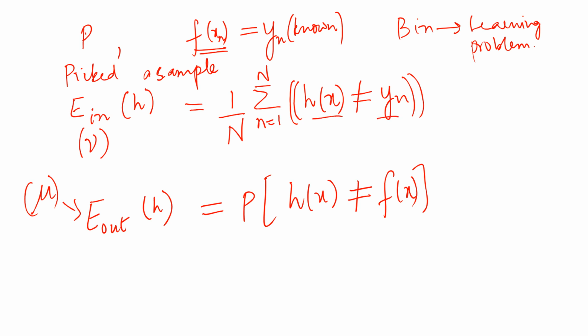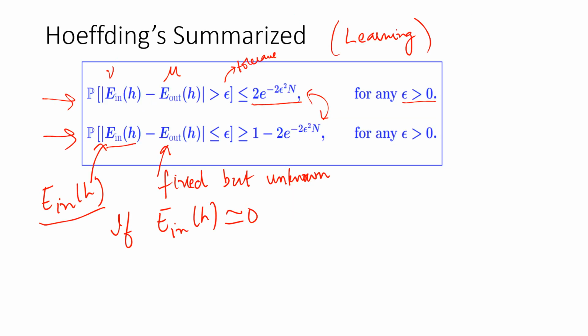That is going to be a good model. If the in sample error is really, really small, this implies, as a result of the Hoeffding bound, that my E out of h will also be close to 0 with very high probability.